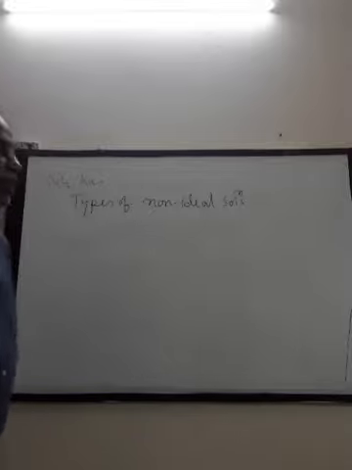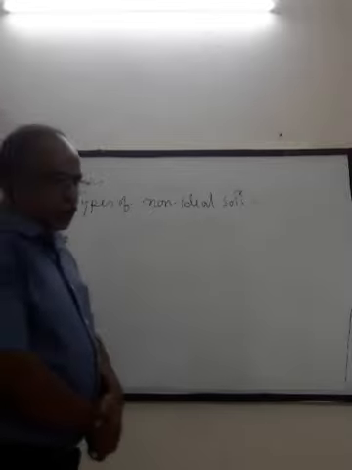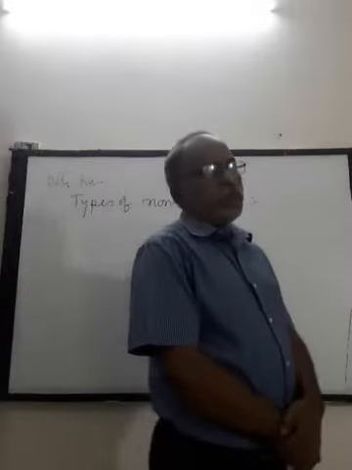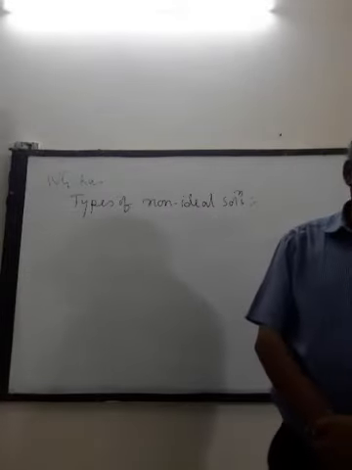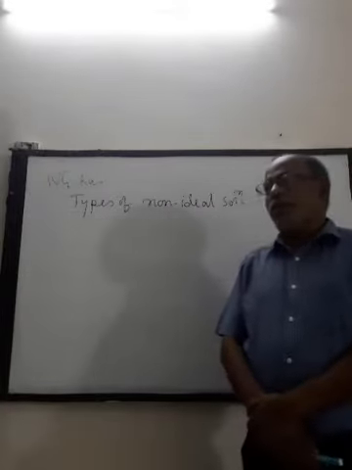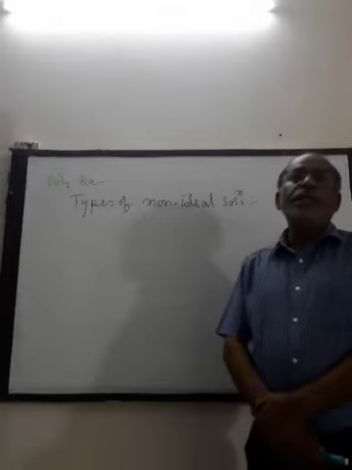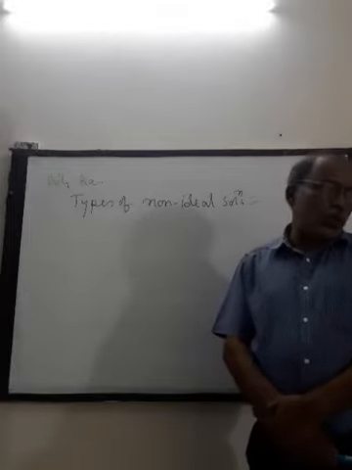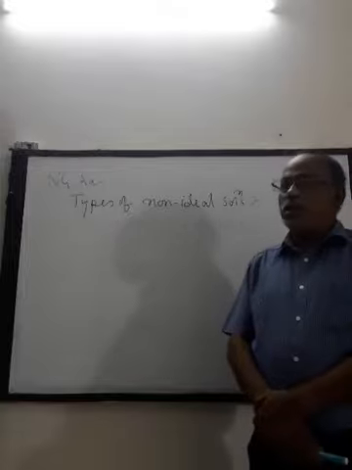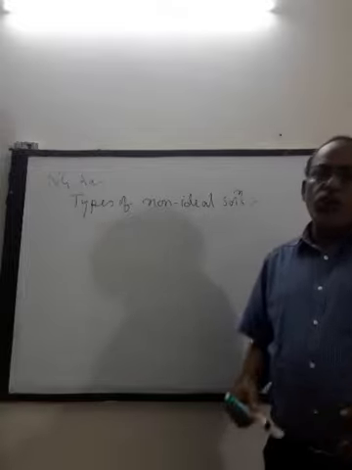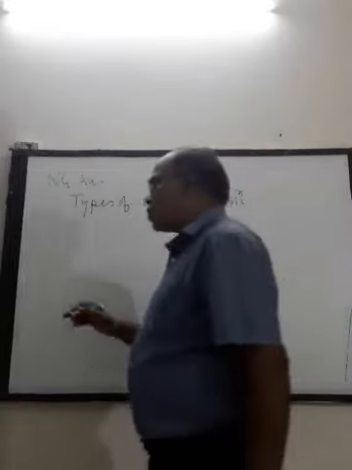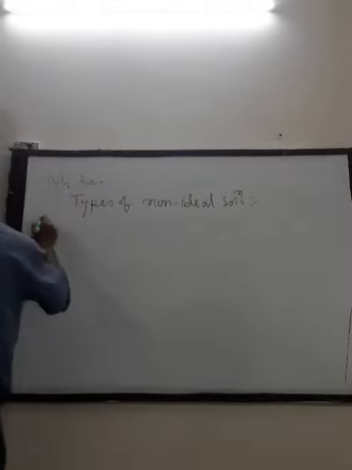Number one is non-ideal solution showing positive deviation from Raoult's law, and second one, non-ideal solution showing negative deviation from Raoult's law.